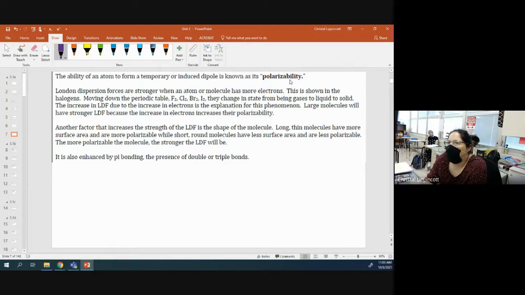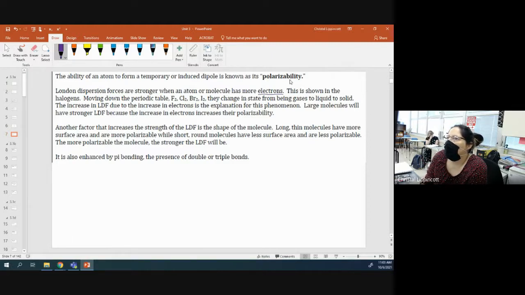So London dispersion forces are stronger when an atom or molecule has more electrons. This is going to show particularly well when we look at these diatomics on the periodic table with our halogens. They change in state going from a gas to a liquid to a solid.